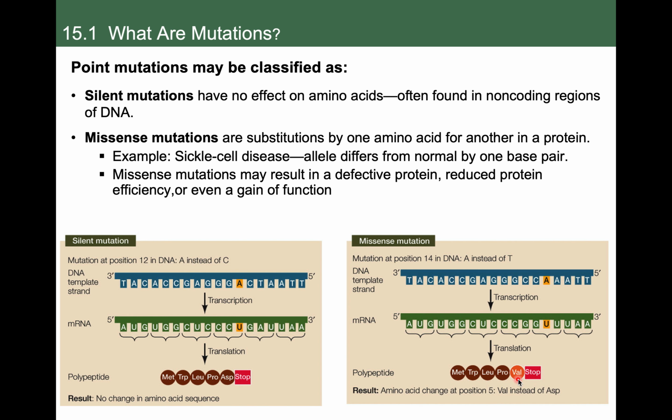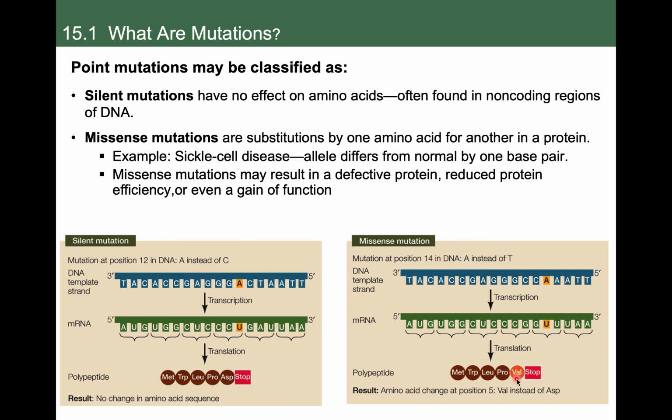In this particular example, GUU codes for valine instead of the original codon, which coded for asparagine, ASP. So we have that one amino acid change at this one position in the polypeptide. By definition, that is a missense. We've changed that one amino acid.